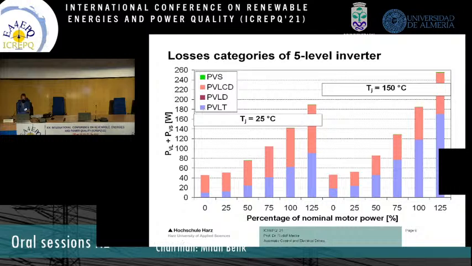Then the conduction losses of the freewheeling diodes and the conduction losses of the clamping diodes. You can see the conduction losses of the clamping diodes are predominant. That means for improvement of efficiency, these diodes have to be addressed in the first step.